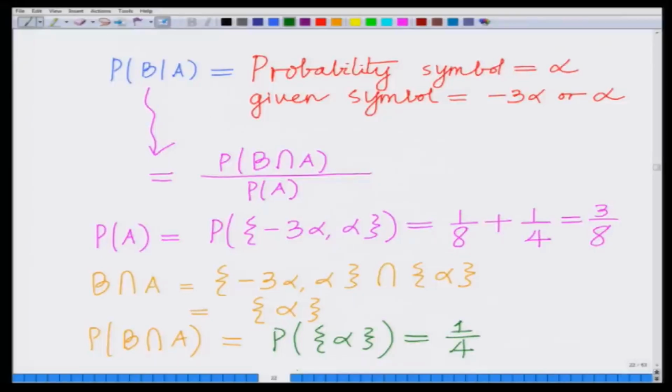So, we have found two things. We have found the probability of A, which is 3 by 8, and we have also found the probability of B intersection A, which is 1 by 4.